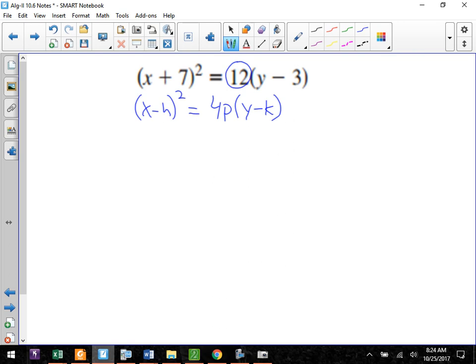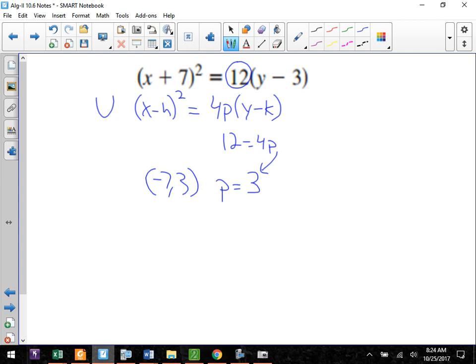So we know that it's going to be an up parabola. We know that our h, k is going to be at negative 7 and 3, with a p-value equal to 3. The reason our p-value is equal to 3 is because we took that 12 equal to 4p. That gives us 3.